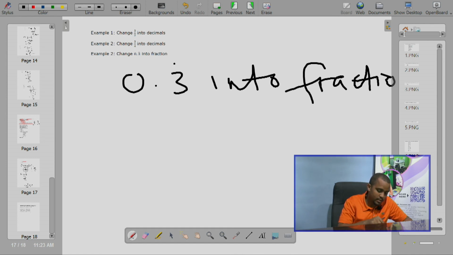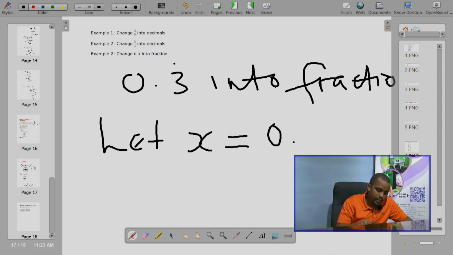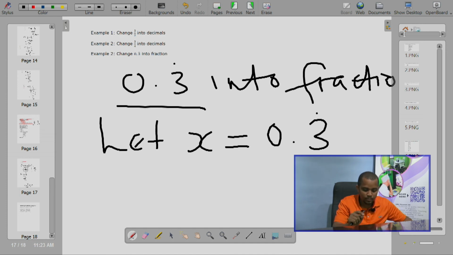So first, let x equal to this recurring decimal 0.3 dot, and call it equation number 1. Now multiply this equation number 1 by 10.